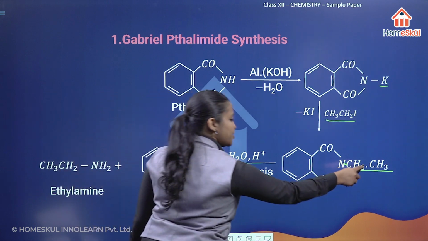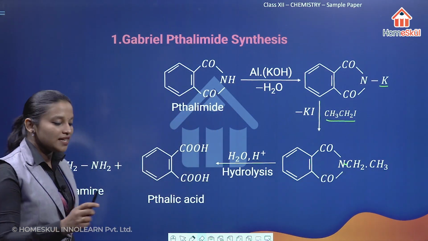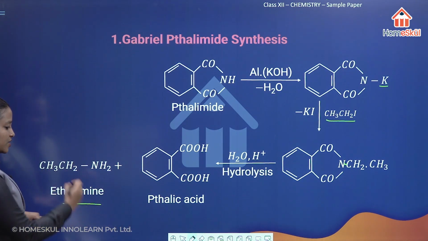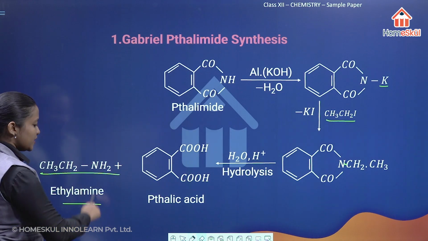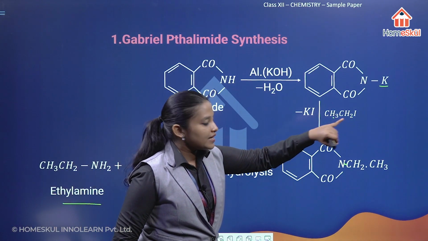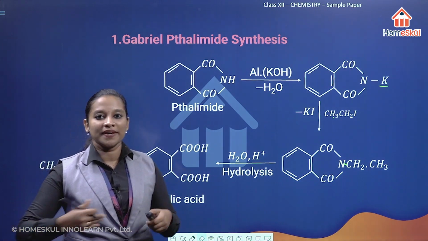Then it undergoes hydrolysis and we get phthalic acid plus our desired product, a primary amine, that is ethylamine. In this case we get ethylamine because we took ethyl iodide. That's why we got ethylamine, the corresponding primary amine.